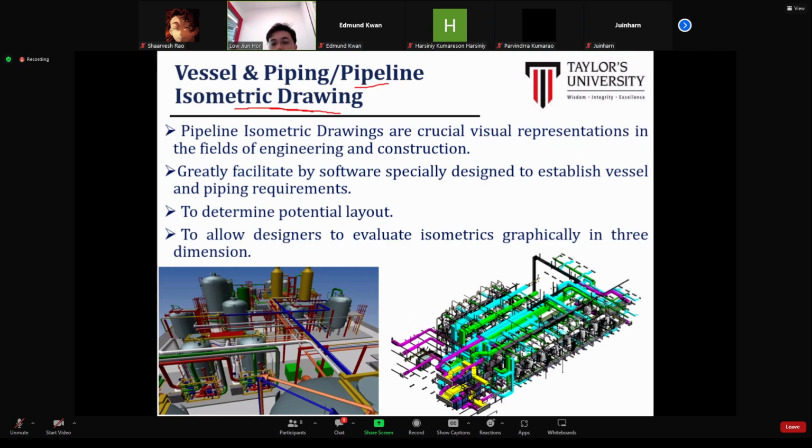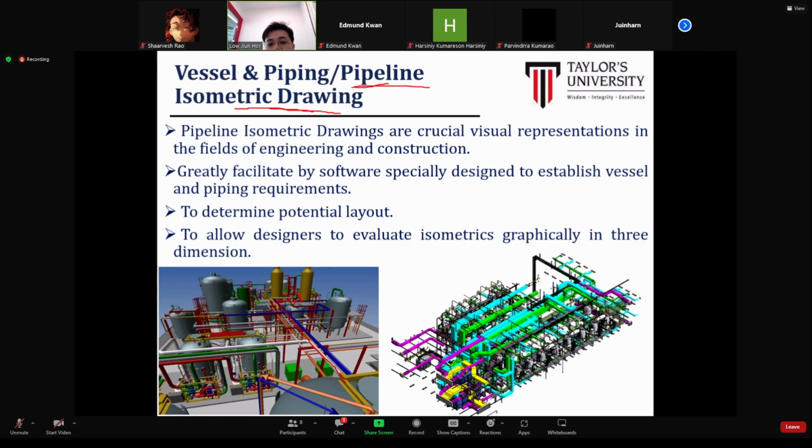Just now, the process flow diagram, the PFD that we prepared using the simulation software, is a flat one, 1 dimension. But if you want to prepare the pipeline isometric drawing, you can use software in order to develop a 3D pipeline layout.